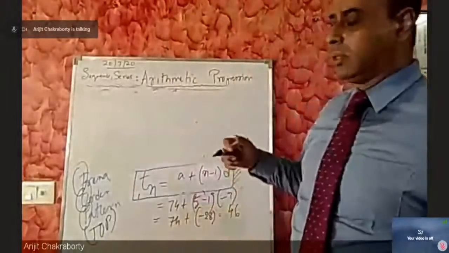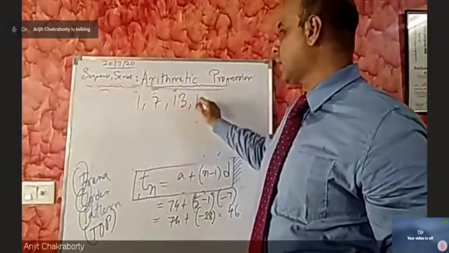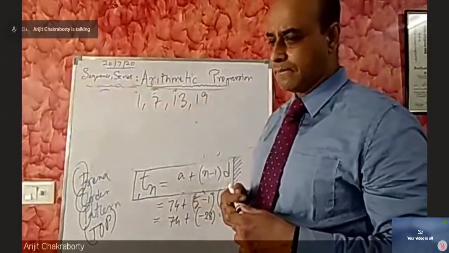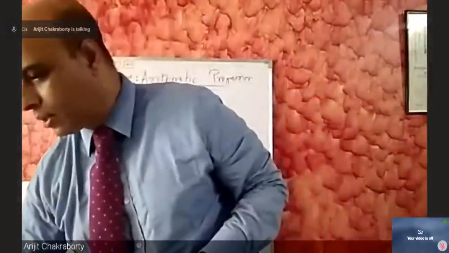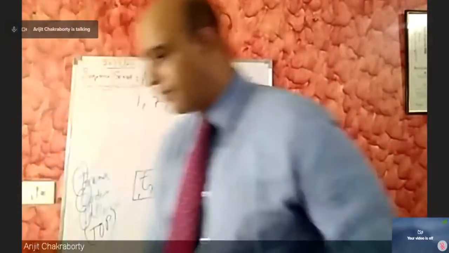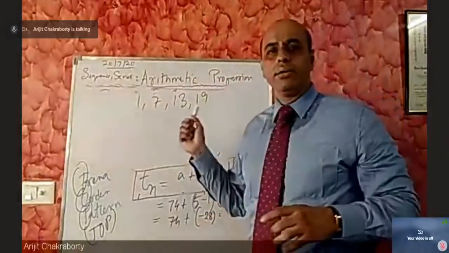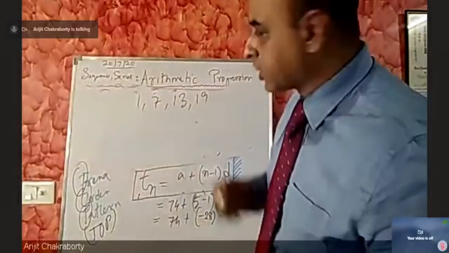You have to find out the 10th term. Series is 1, 7, 13, 19. Okay? I'll take this one. Yes. 1, 7, 13, 19 and so on. You have to find out the 10th term.